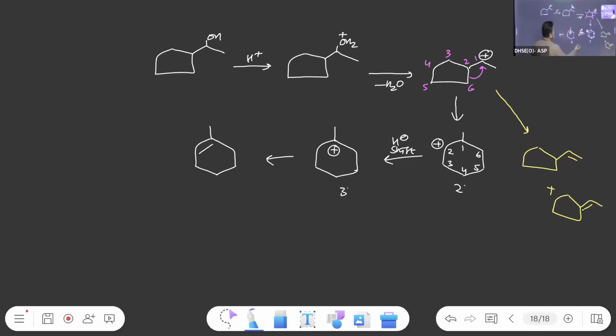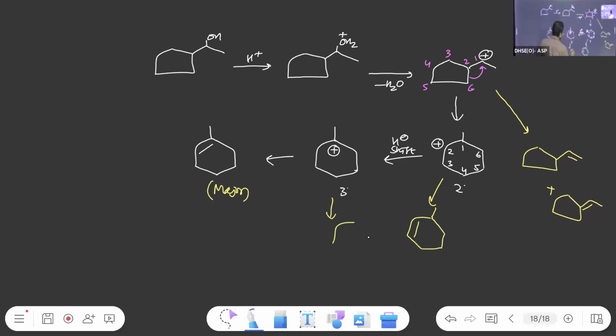Next, from this carbocation, one alkene is already here, another alkene, and the positive charge side alkene is the major product, and another alkene can be this. This is the major product, but these are the possible alkenes. This question has been asked in competitive exams.